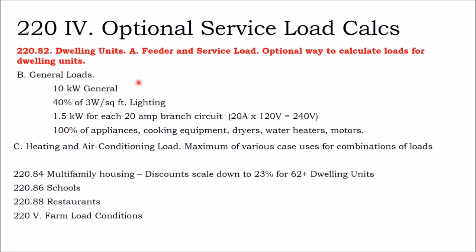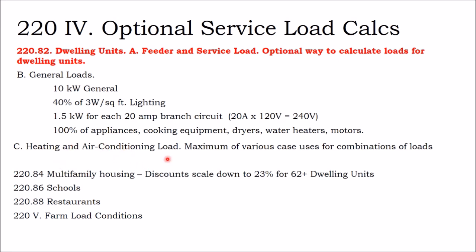So this is a pretty aggressive calculation, and that's just general loads. Then heating and air conditioning is based off the maximum use case of the load, whichever one you're using the most of. If it's heating, if you're up north perhaps, if it's air conditioning, if you're in the south part of the United States.